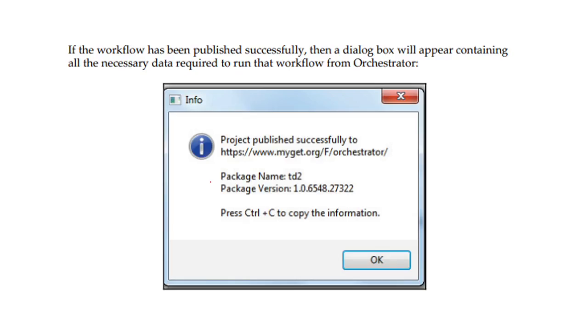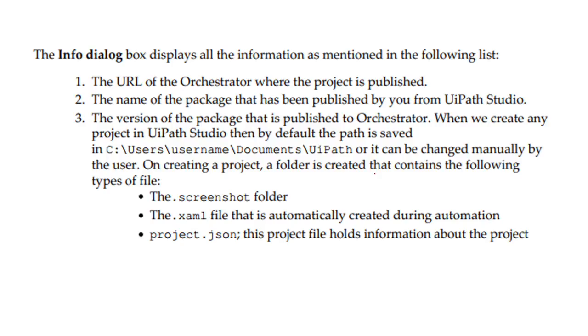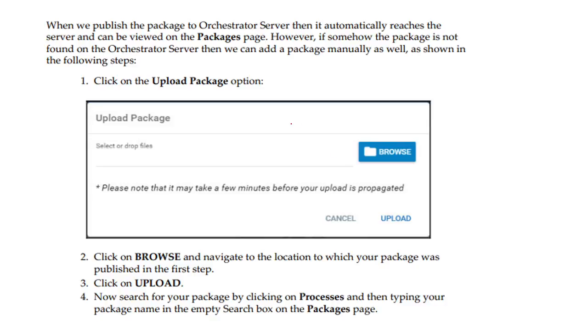And what we get once we publish our workflow, we learned something about a file called JSON. We shall see what is the use of JSON. Then if that does not work, we also learned how we can do that manually, I mean how we can upload our work manually, and what steps have to be followed, right? So we also learned this.